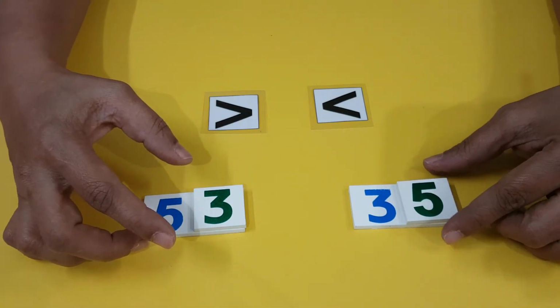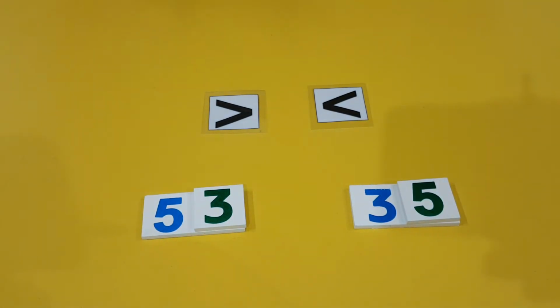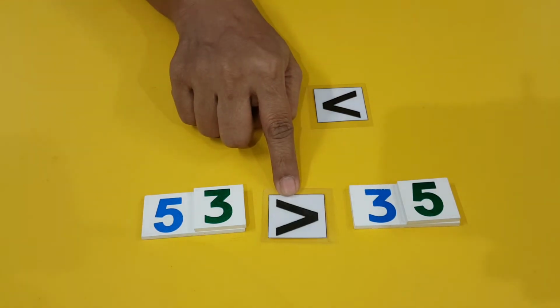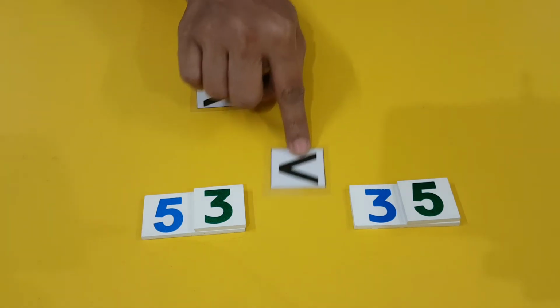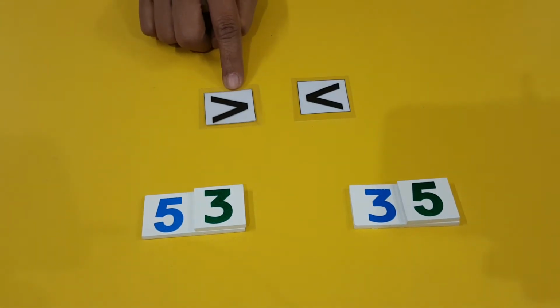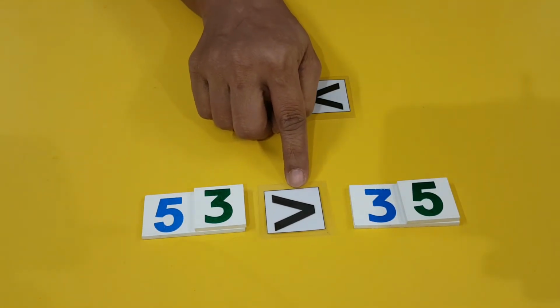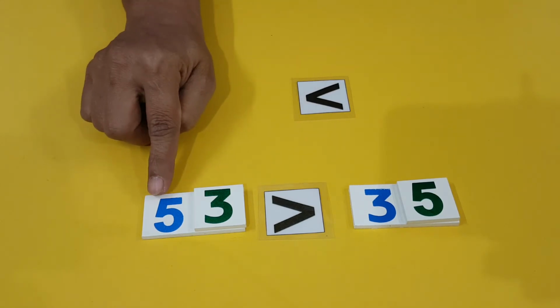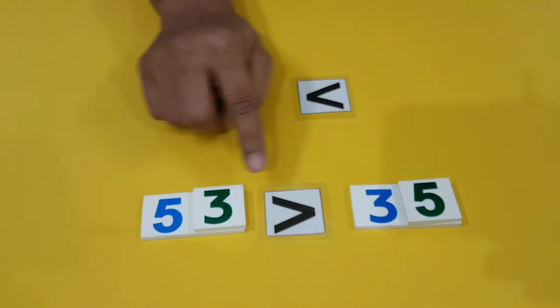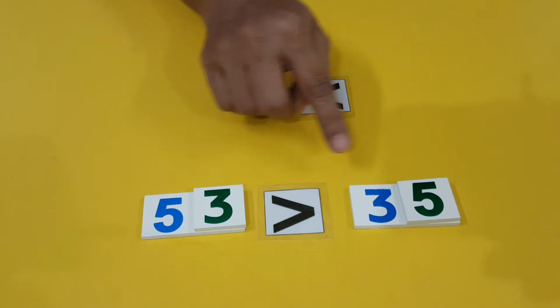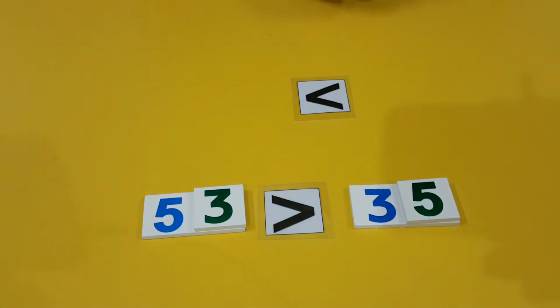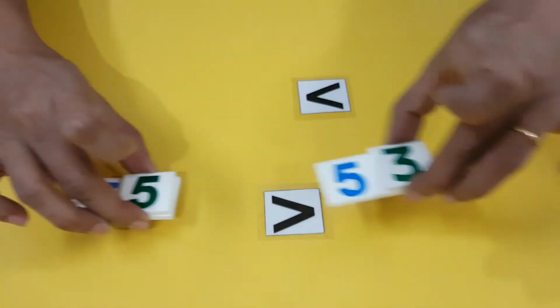Now you tell me, which symbol should I put? This one or this one? The first one, right? Okay. Now you read it for me. 53 is greater than 35. The same way, let me put it this way.